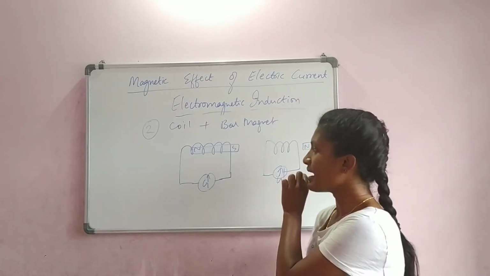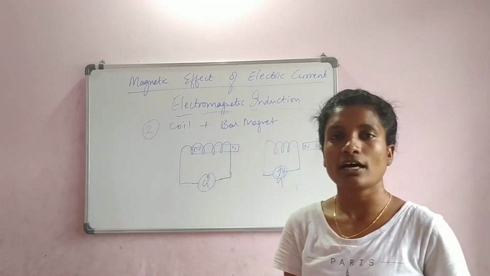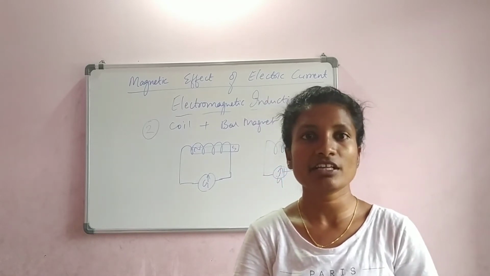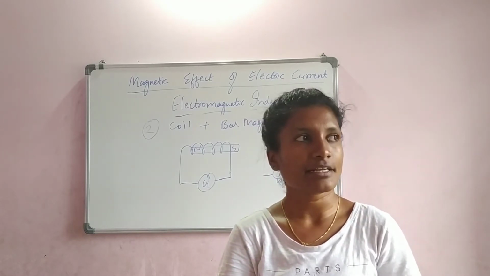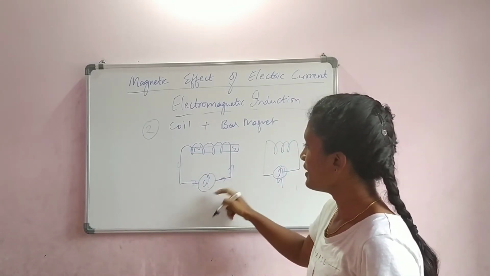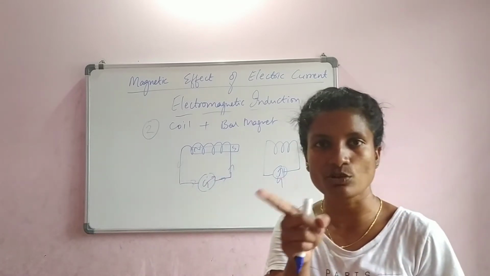Once the magnet is moved inside and outside, the magnet gives an induced magnetic field around the coil, and this coil gets electrized. The electric current moves inside the circuit, and there starts the deflection. The galvanometer shows the deflection.